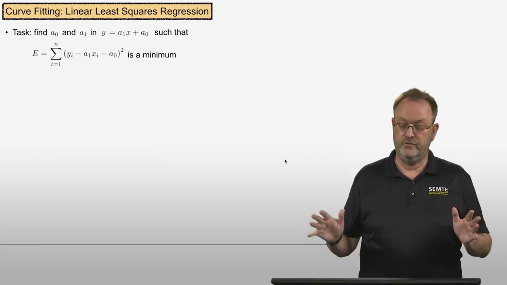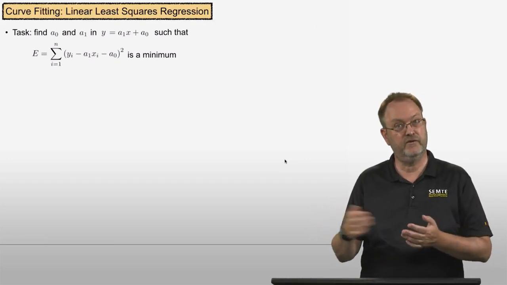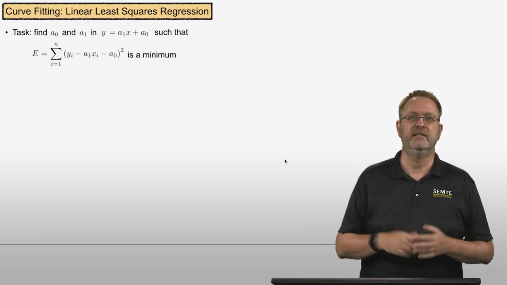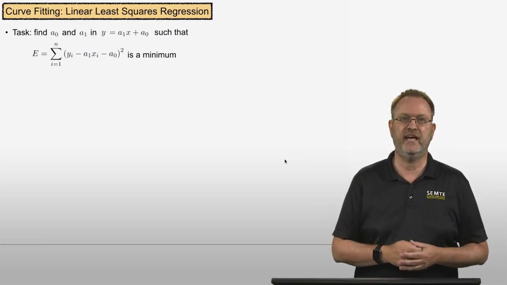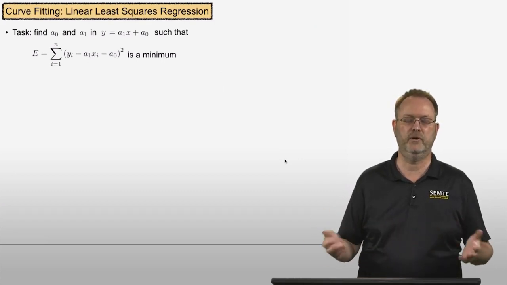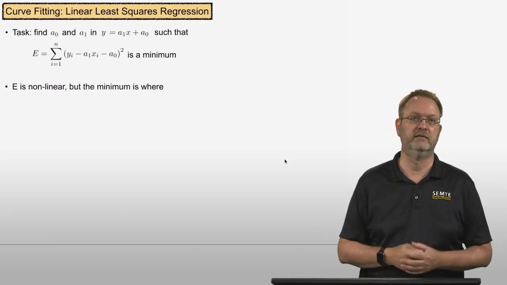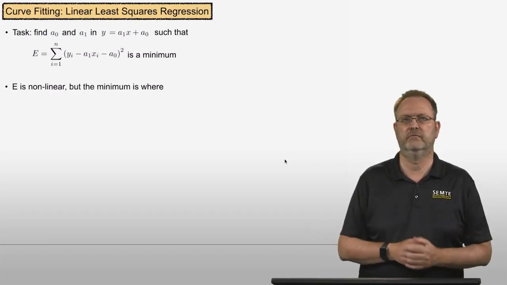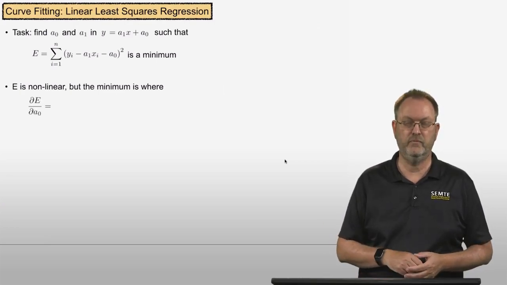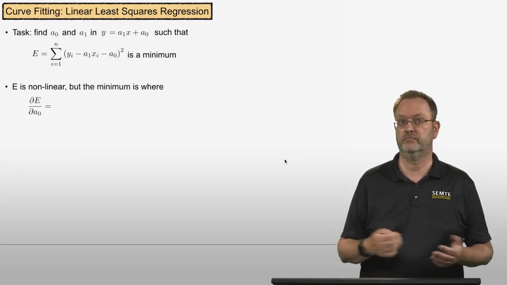So what we're trying to do is find a0 and a1 in this linear form, where a1 is the slope and a0 is the intercept, such that this definition of the error, the sum of the squared residuals, is a minimum. How do we find a minimum? E is nonlinear, and a minimum of a function is where the partial derivatives are 0.